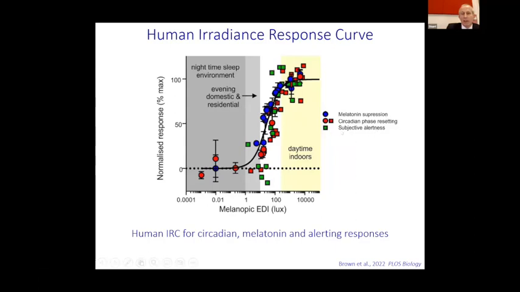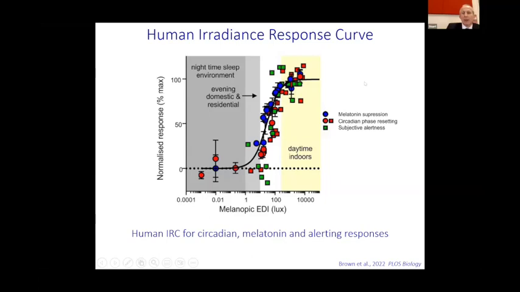Based upon a recent expert working group, Tim Brown reanalyzed data from human melatonin suppression, circadian phase shifting, and subjective alertness. This is largely data from the Harvard lab and from Basel, from Christian Cajochen's group. You can express these like a drug dose response curve, where you treat light as a drug, with the dose on a log scale of melanopic EDI, and you go from no biological effect to an increasing effect up to a point of saturation.